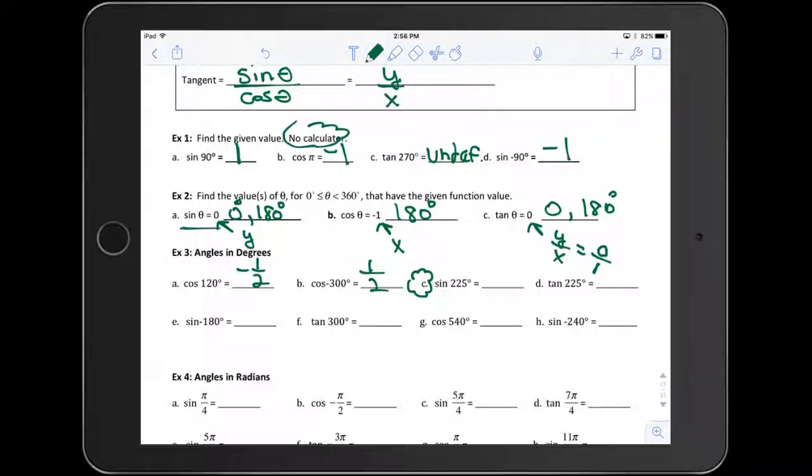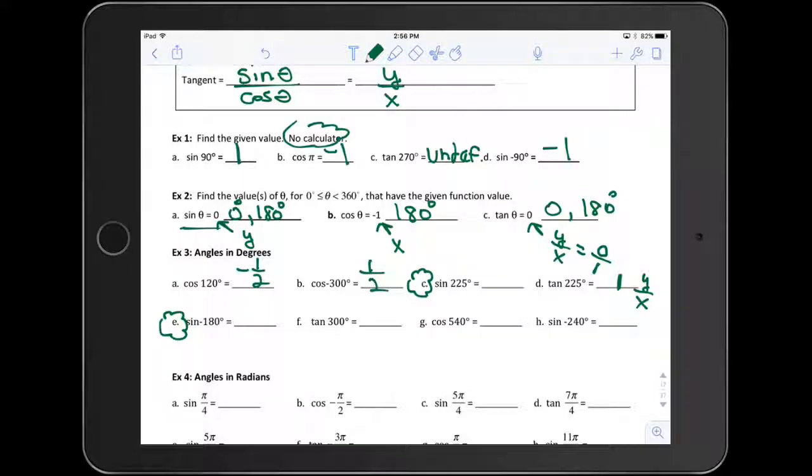The tangent of 225 degrees, again, remember it's that y over the x. So look at your y value, your x value, and you notice it's square root of 2 over 2, over square root of 2 over 2, and that gives you 1. And I also wrote it up there for you. But that value is 1. Sine of negative 180 degrees, I expect you to be able to do that at this point. Rotate negative 180, look at the y-coordinate.